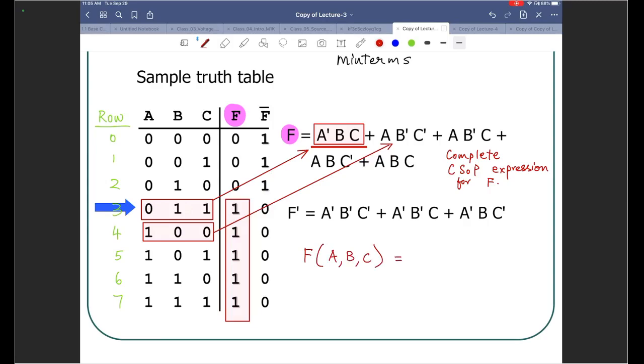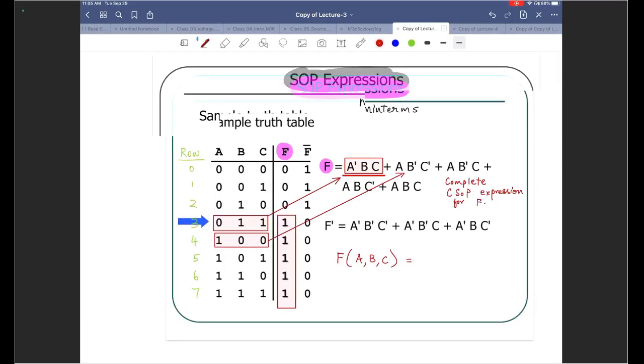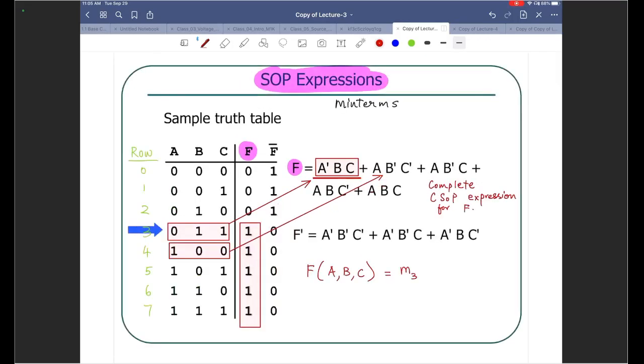I'm writing the sum of minterms, right? That's the canonical sum of product. So that would be minterm 3 plus minterm 4 plus minterm 5 plus minterm 6 plus minterm 7.